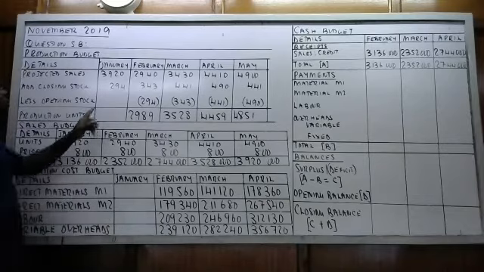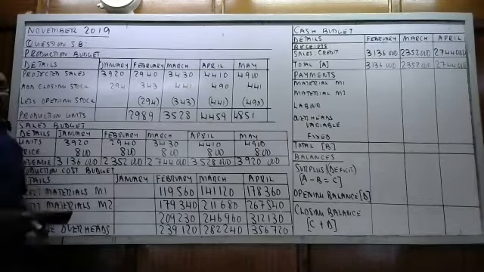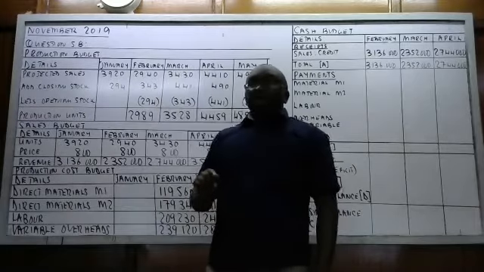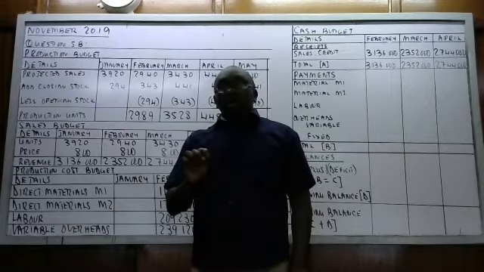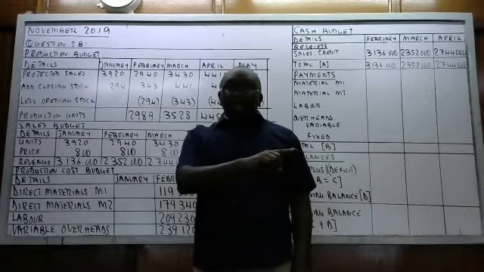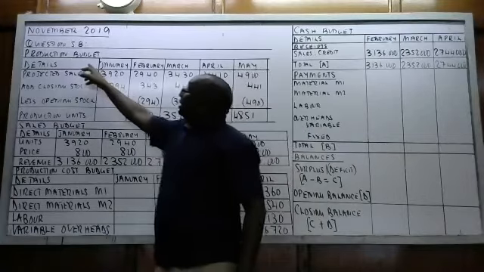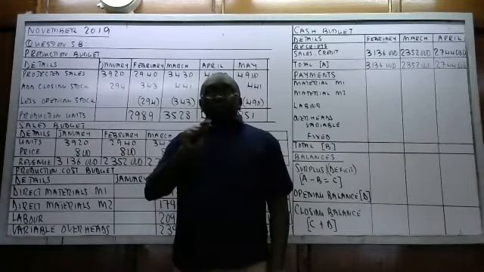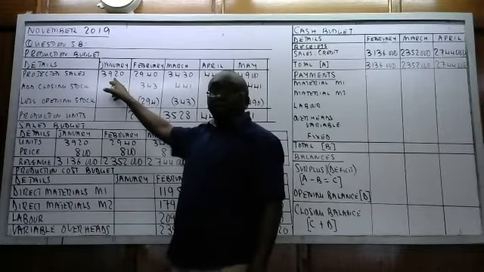Now hatujaambiwa the opening stock. But there is something to be abiwa here, that the closing stock is 10% of next month demand. So when we were in December, the closing stock must have been 10% of this.